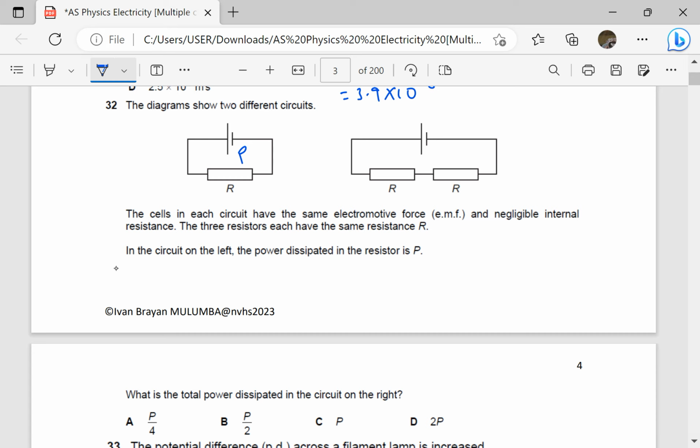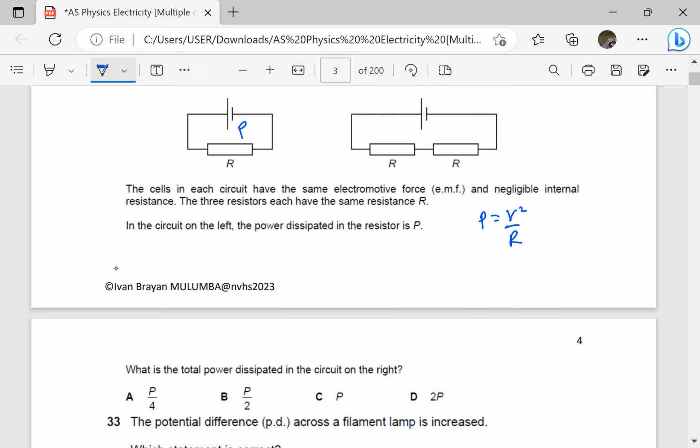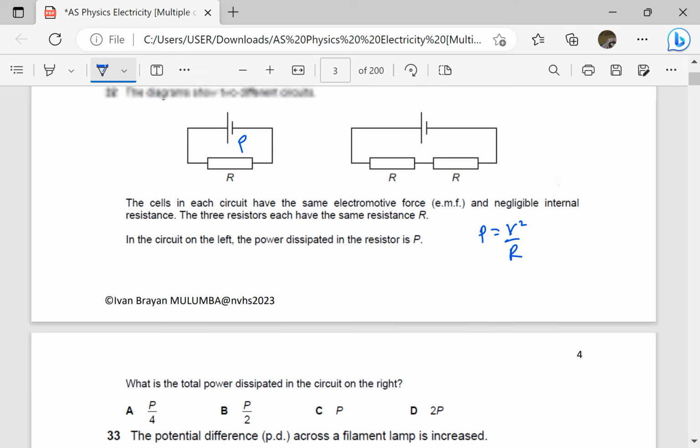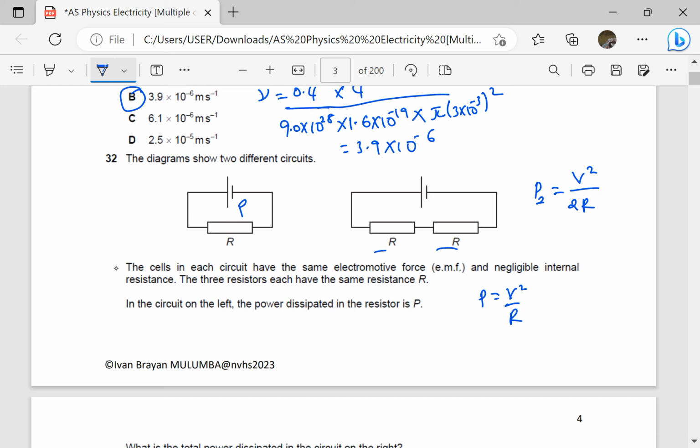So the power here is P, but we know that power is equal to V squared over R. So P is V squared over R. The power this side, let me call it P2, will be equal to V squared divided by total resistance, which is going to be twice R, because these are now in series.